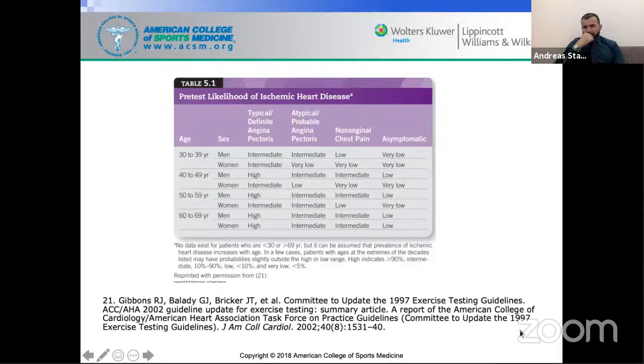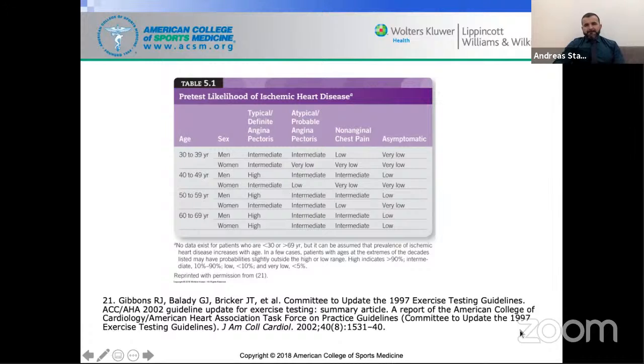Now, the second from the right and the third from the right columns used to be compiled in one, but that had led to a lot of invasive tests that weren't necessary. So now we have differences if it's non-anginal chest pain, right? And there are ways to figure that out. It's not important for us to know that.